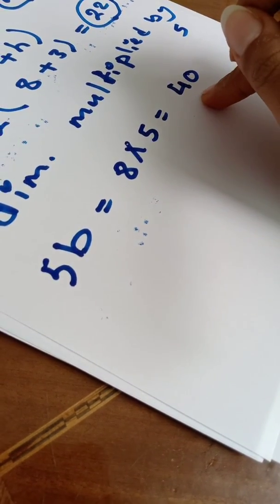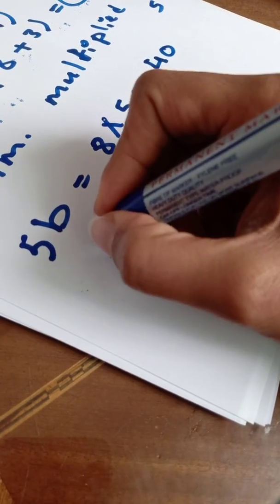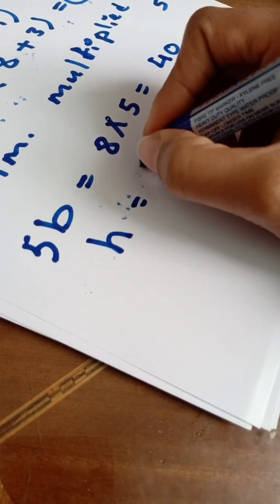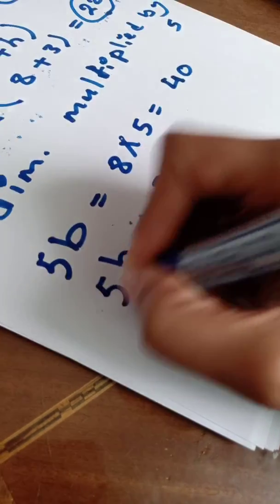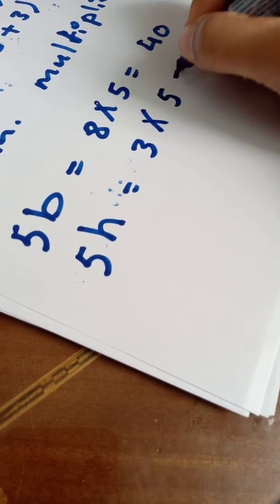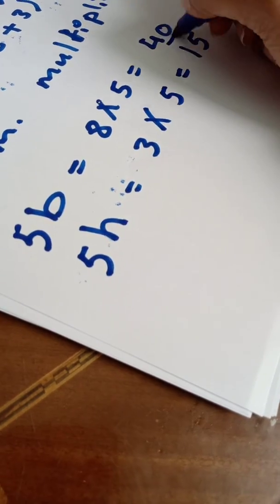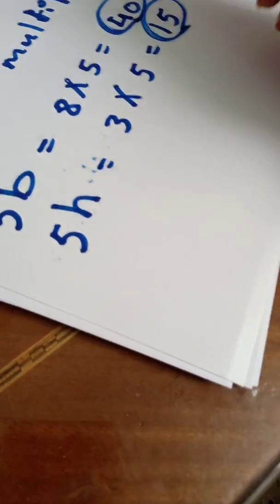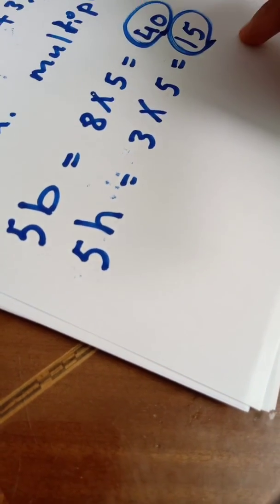This is the new base. The height was 3, so we multiply the height by 5 as well. 3 multiplied by 5 equals 15. So the new base and new height are 40 and 15.